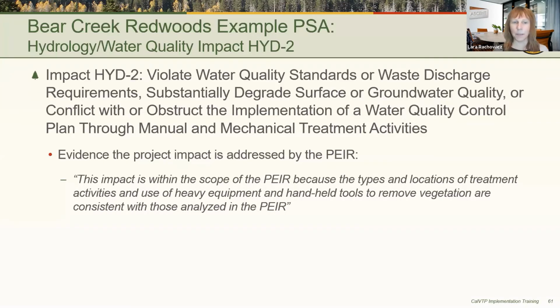The next step is to provide evidence that the project impact is covered by the program EIR. Here, the evidence is that the types and locations of the treatment activities and the use of equipment are consistent with those analyzed in the PEIR. Next slide.